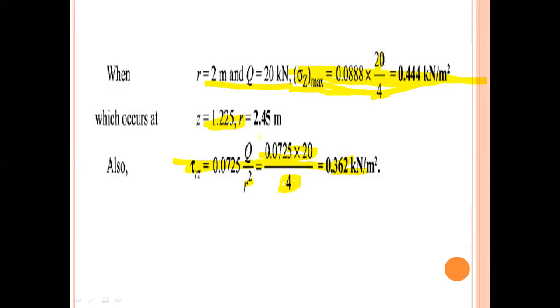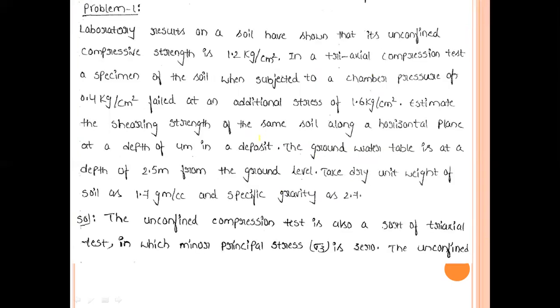Clear to all of you? Next problem in the session, last problem. Laboratory results on the soil have shown that its unconfined compressive strength is 1.2 kg per centimeter square. In a triaxial compression test, a specimen of the soil, when subjected to the chamber pressure of 0.4 kg per centimeter square, failed at the additional stress of 1.6 kg per centimeter square.